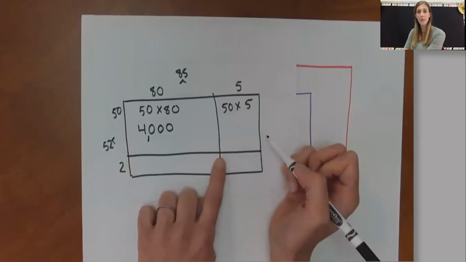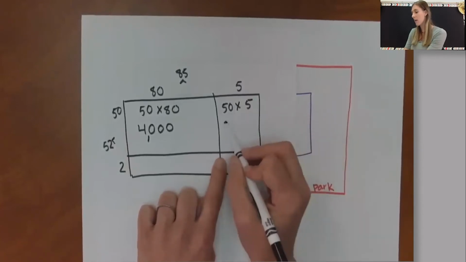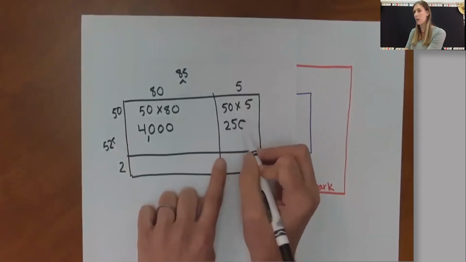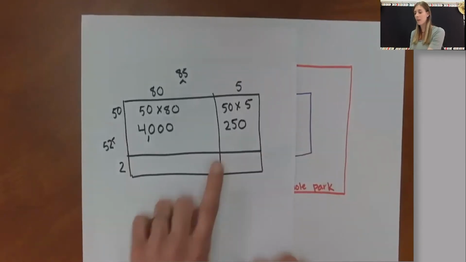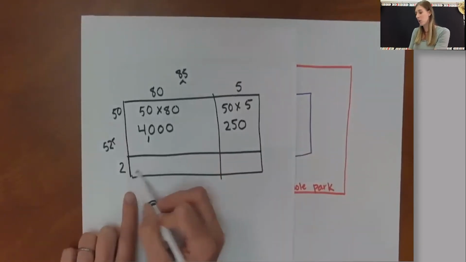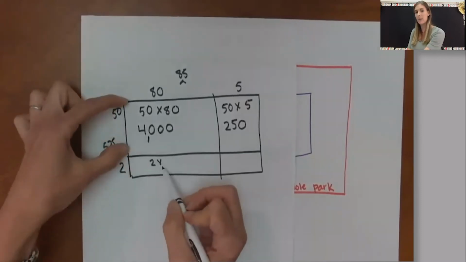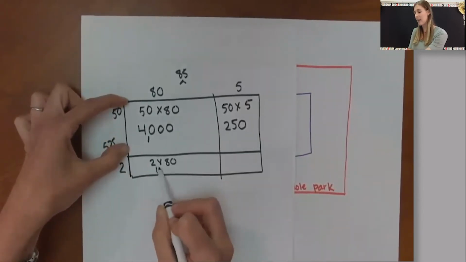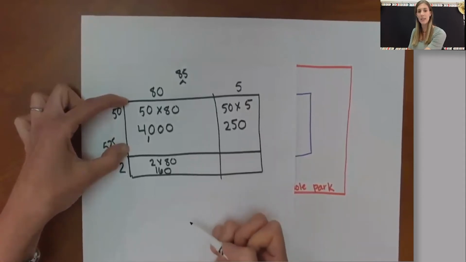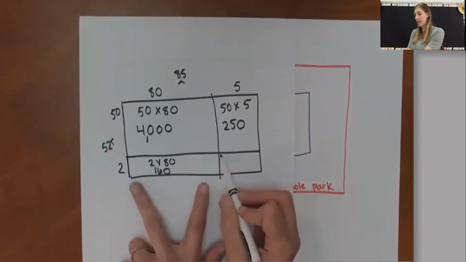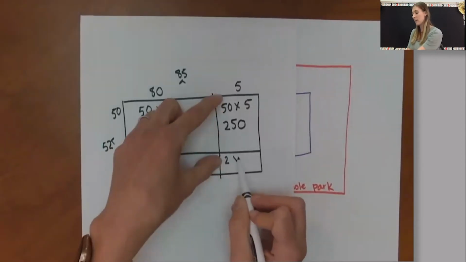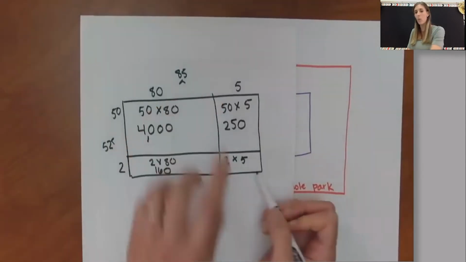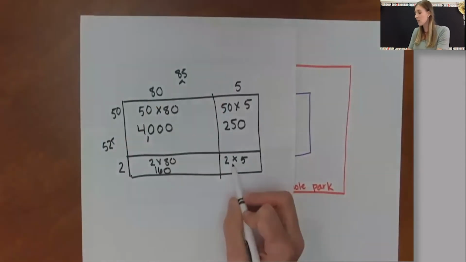We know 5 times 5 is 25. So 50 times 5 is 250. My length here is 2 times my width here is 80. 2 times 8 is 16. So 2 times 80 is 160. My length here is 2 times my width here is 5, which is just a basic fact. 2 times 5 is 10.